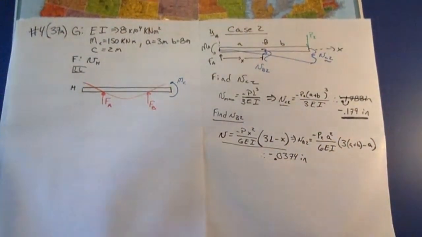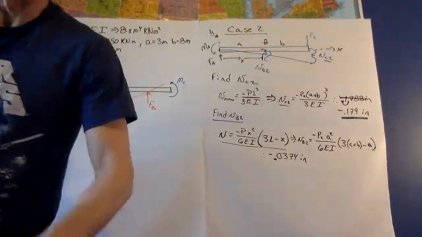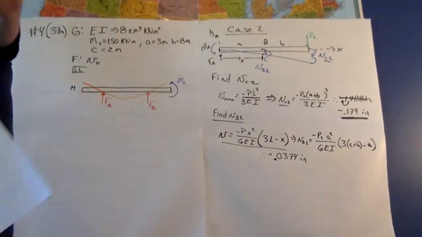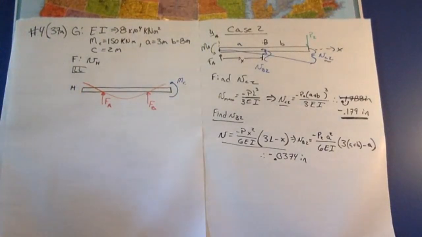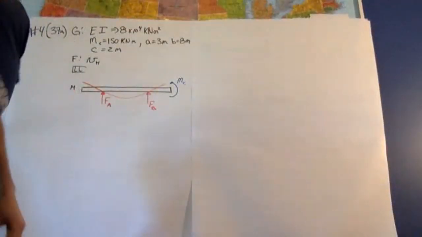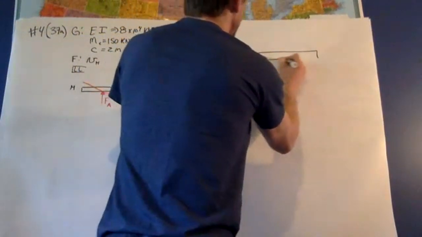You can't really see it in the handout because it's small, so let's take a look at what the table looks like over here. I'm just going to draw the table, just draw the beam here. So we have this beam.